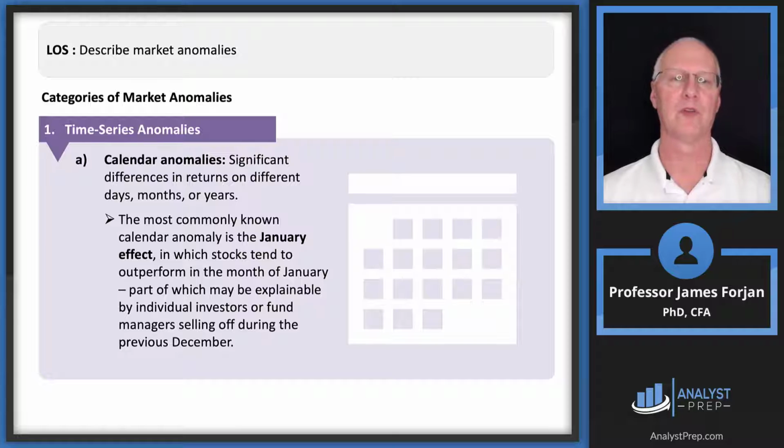So one of the first stock market anomalies was this thing known as the January effect. And I bet you guys have heard about this. What the original researchers decided was that if you looked at the returns on a monthly basis, January, February, March, April, you have 12 of them.